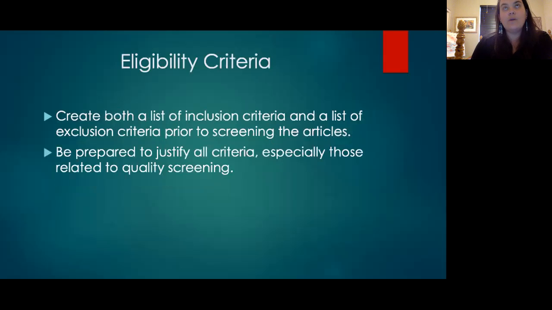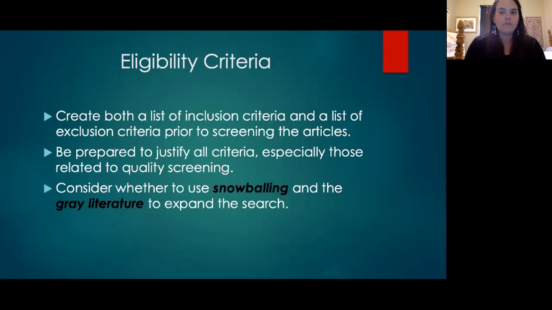And you really want to be careful because you want to justify all of your eligibility criteria, especially those to the quality screening. So why, what type of study are you trying to include and why? And then you also want to consider whether to use snowballing and the gray literature to expand that search. So these are really important things.